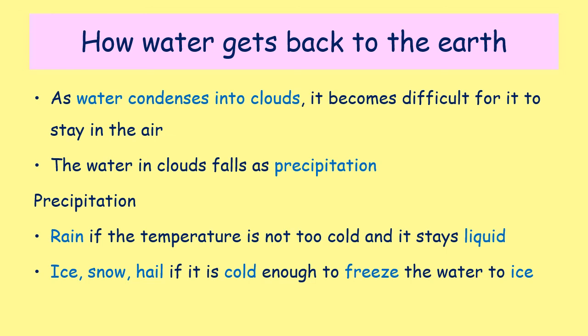As clouds condense, it becomes difficult for the water to stay in the air and it must fall as precipitation. Now, precipitation, we'll call it rain if it is a liquid. However, if the temperature is really low and it freezes, the precipitation will fall as ice, snow, hail, or sleet.